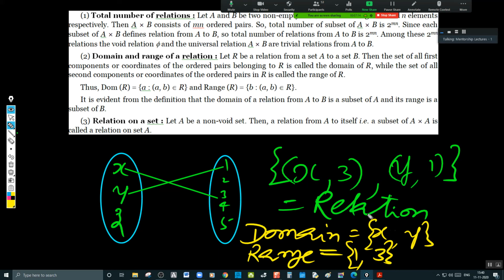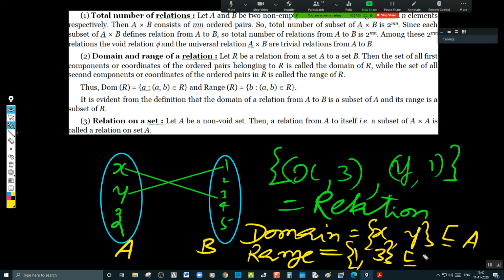But what he means to say here, this is A, this is B. If I say the domain or the range, the domain in this case is a subset of A, and the range in this case is, you tell me, please, anyone?